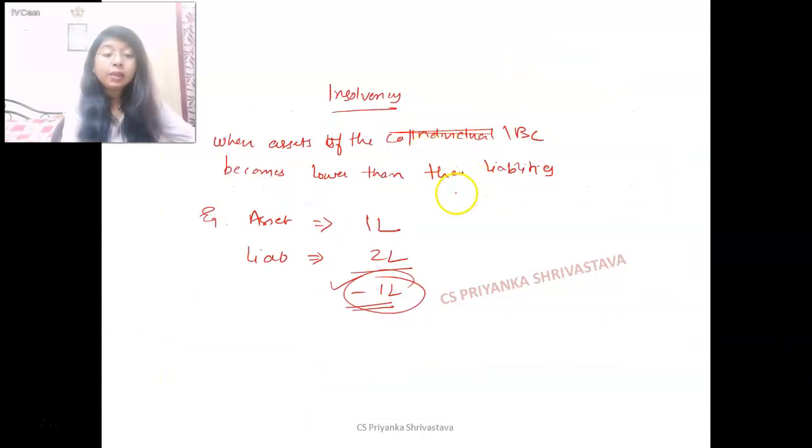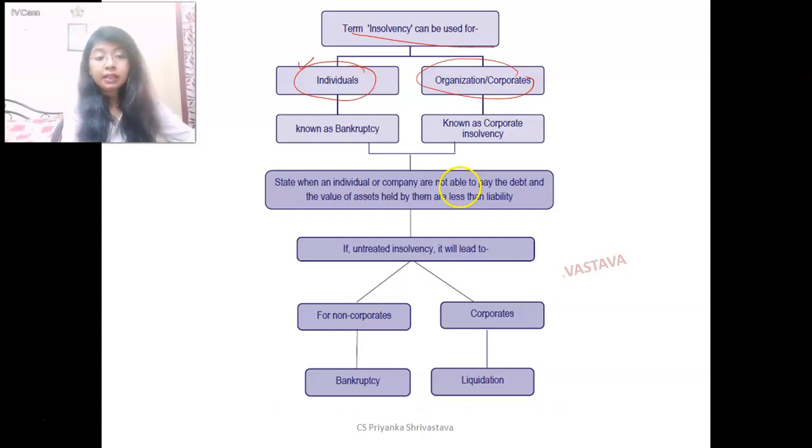So basically when an individual is unable to repay its debt at any position and there is no chance of compromise or arrangement so that this debt becomes lower or the insolvent individual is able to repay the debt, then this insolvency will turn to bankruptcy.